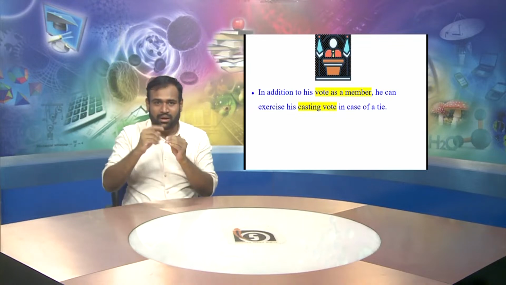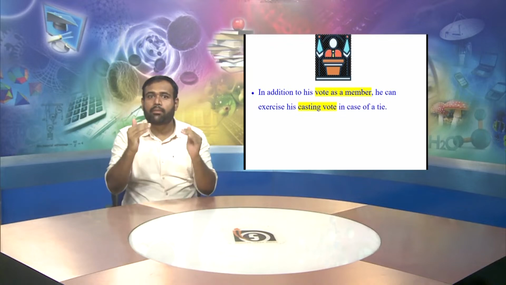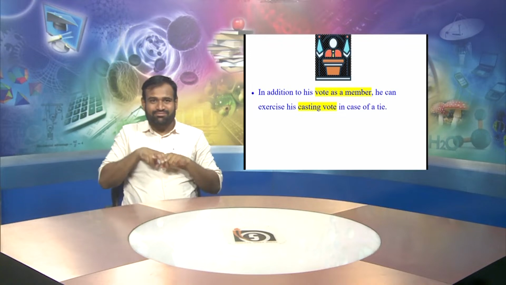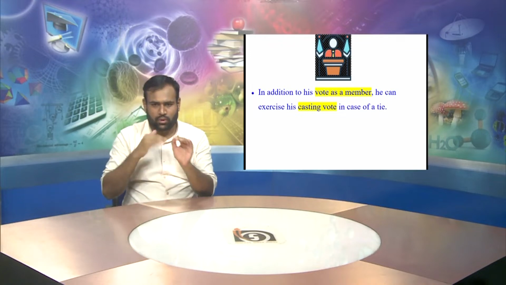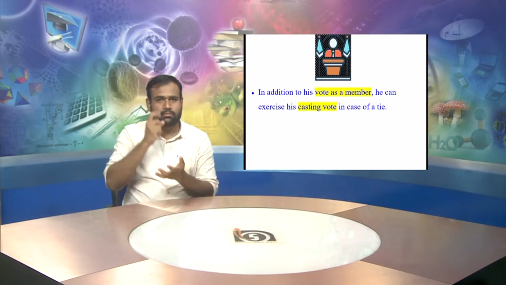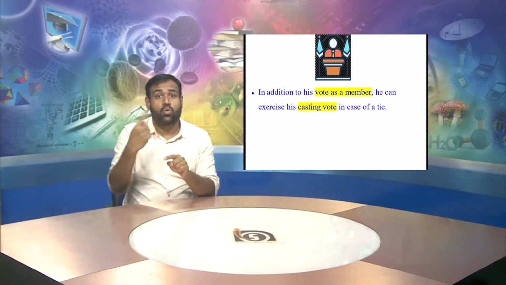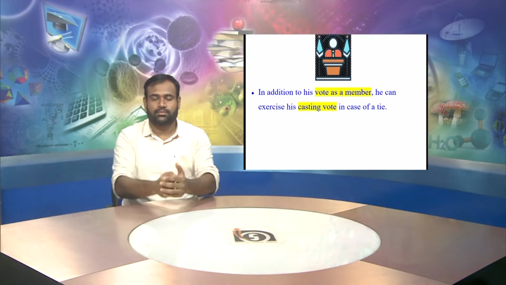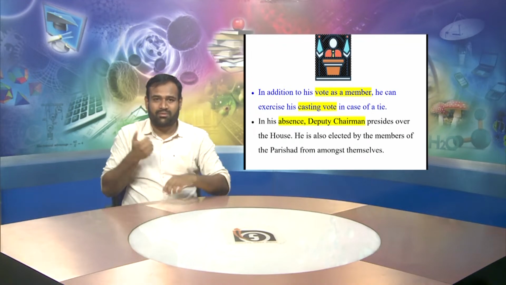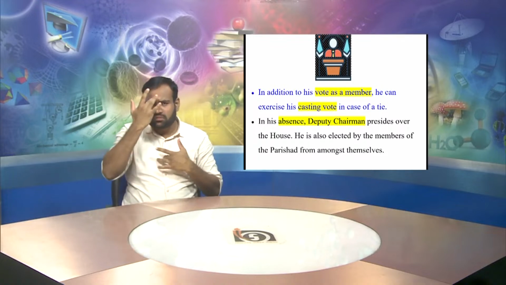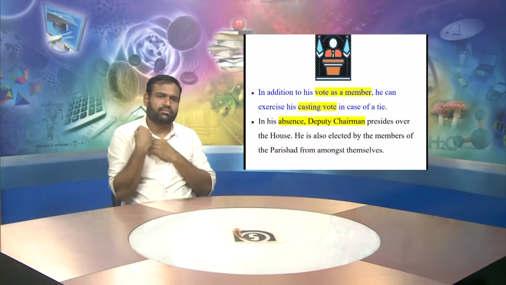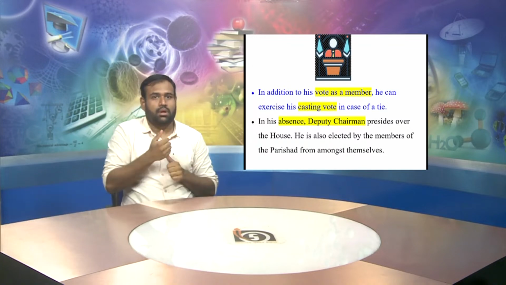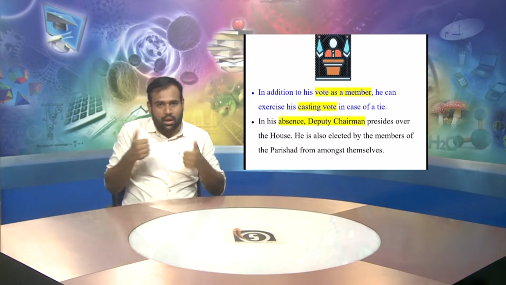In addition to his vote as a member, he can exercise his casting vote in case of a tie. In his absence, the Deputy Chairman presides over the House. He is also elected by the members of the Parishad from amongst themselves.